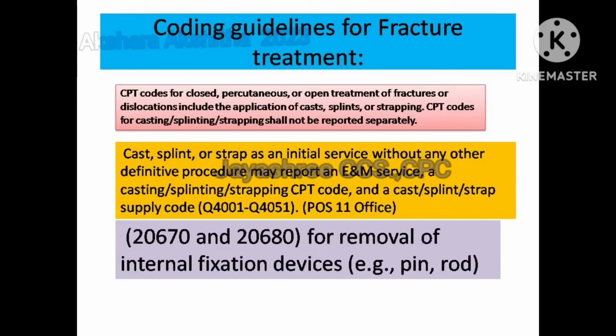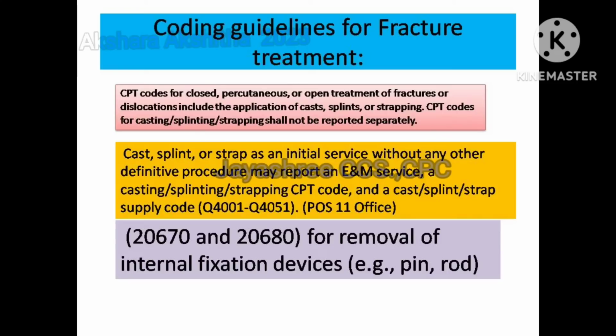If it is a physician setting, we can code E&M followed by the casting, splinting CPT code, then the supply code. If it is hospital based, that is OPPS, if the hospital treats the fracture or dislocation with a cast or splint as an initial service without any other definitive procedure, the hospital can bill the splint CPT code. That time we cannot code the supplies code or Q series code.